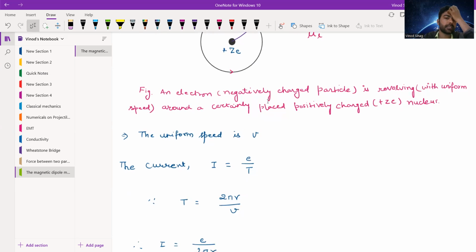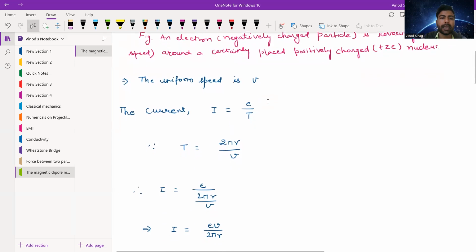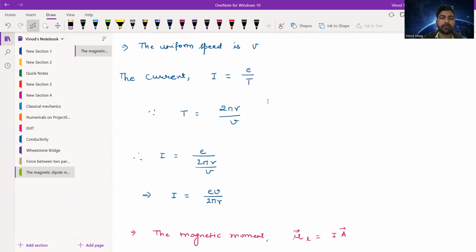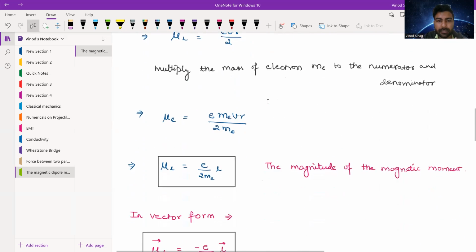The current was the charge of the electron divided by the total time taken in one revolution, so it was e upon T. The time period is the total distance divided by speed, so it is 2 pi r upon v, and then I equals e upon that. The rest is all derivation.